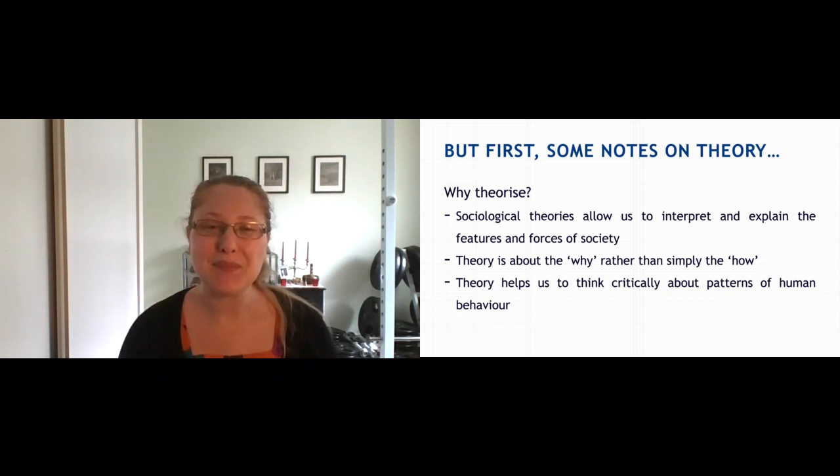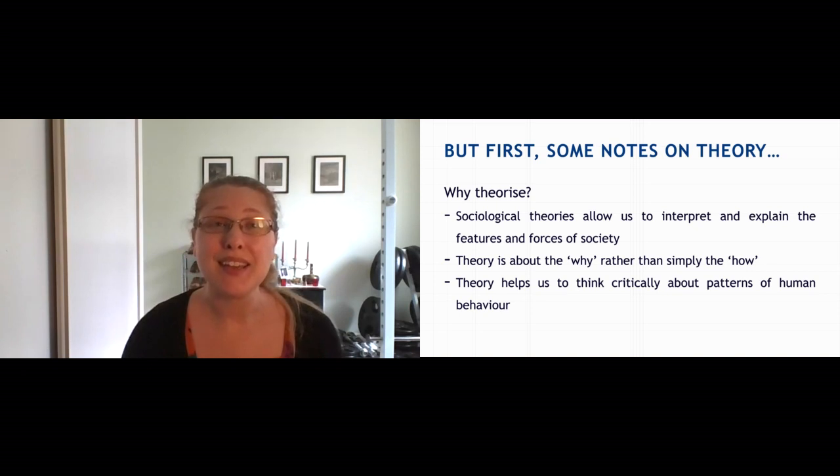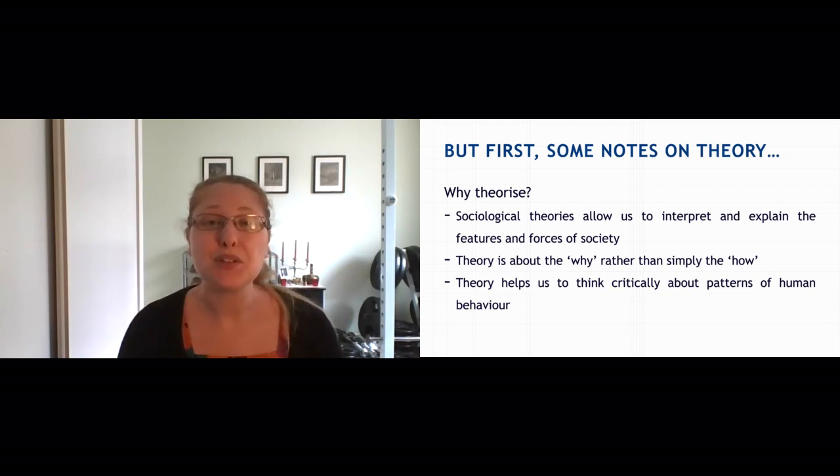And I'll explain a bit more what something like constructivism means, but the important thing for now is that social theory is not just something dense and complicated that you come across in a textbook. It's a tool that we can use to help us look behind the nature of the social world, help us to make the familiar look strange, and help us to undertake the sociological endeavour.